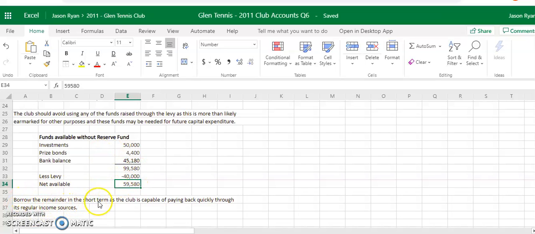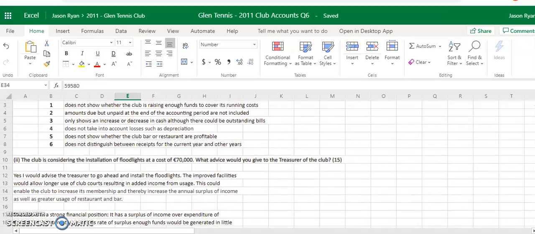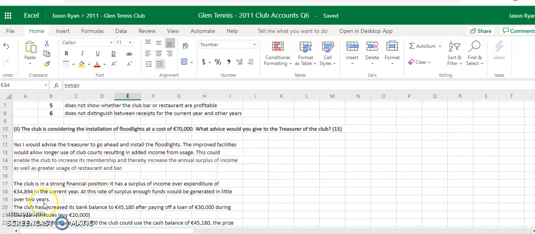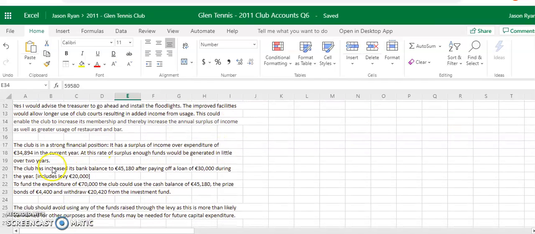Borrow the remainder in the short term, as the club is capable of paying back quickly through its regular income sources. So we could borrow the difference, which would be like 11,000, and then we could repay that in the short term. So if you do a template for yourself, just in case you're asked for installation, the figures that you need to know are all here.